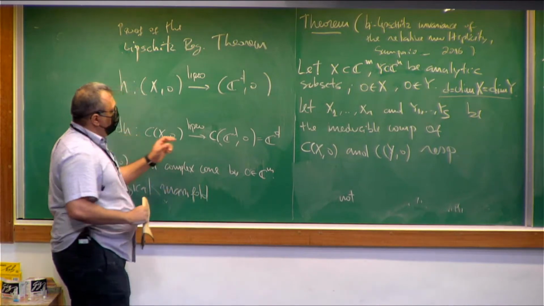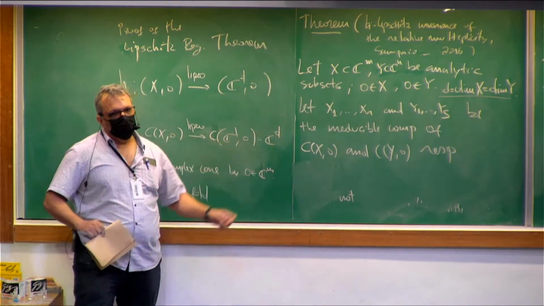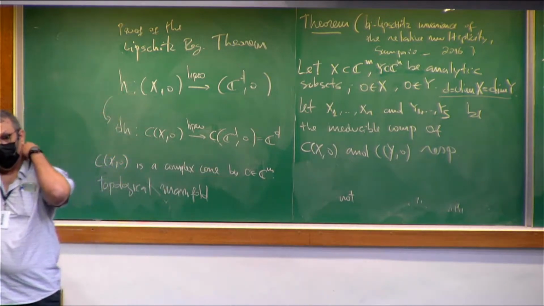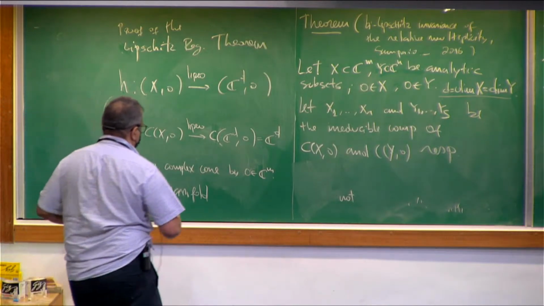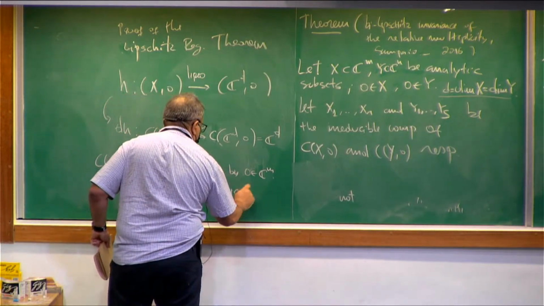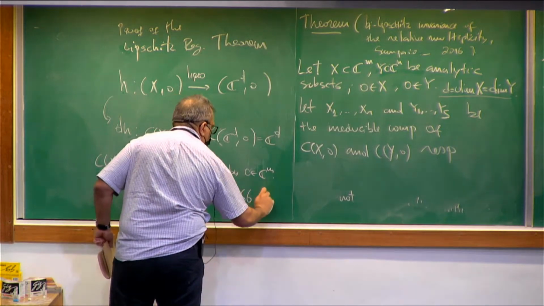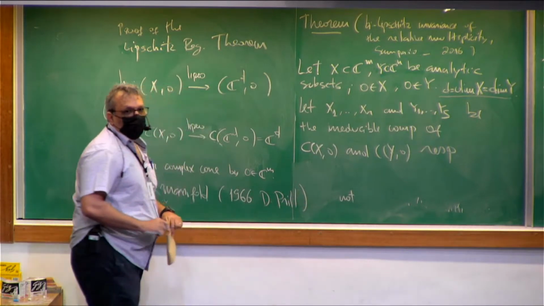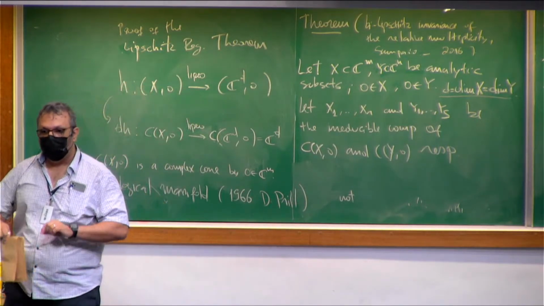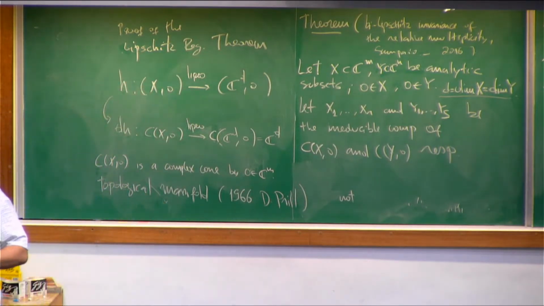Because it is homeomorphic to a C^d, then it's a topological manifold. Then there is a theorem by David Prill, 1916, that says if you have a complex cone which is a topological manifold, then this cone must be a linear subspace.